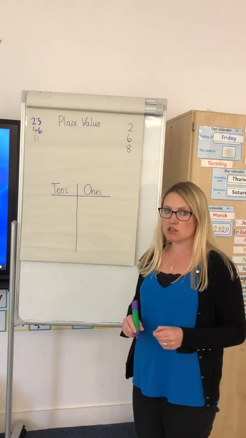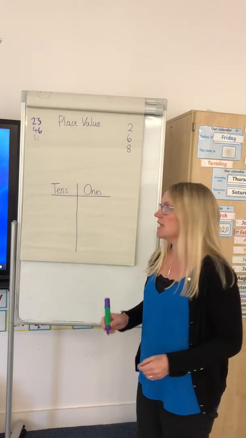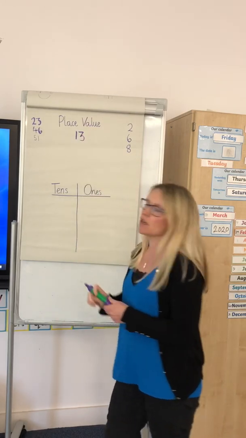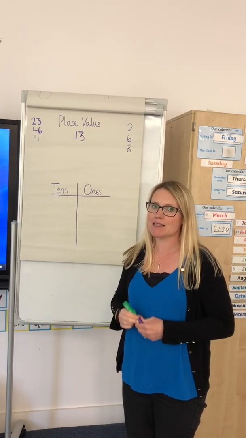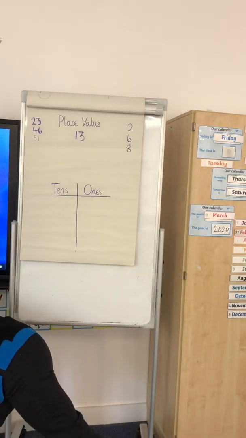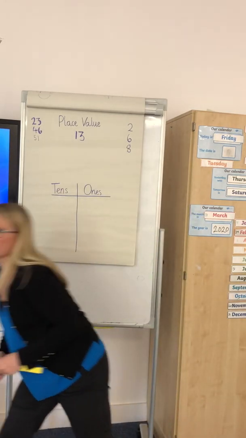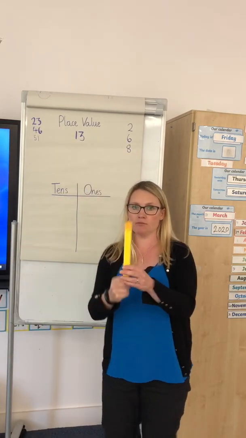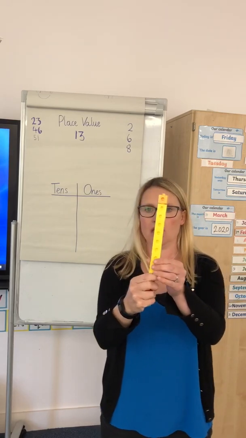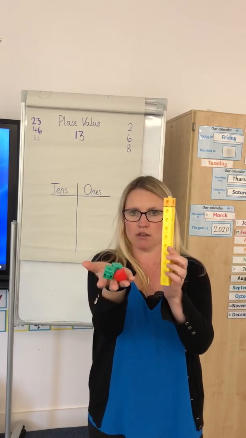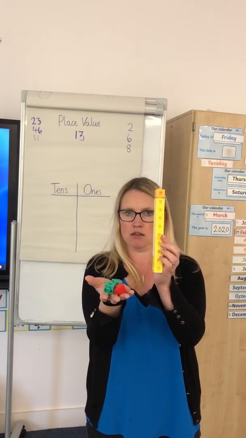So the first number we're going to look at is the number 13. I wonder if you can tell me how many tens 13 has. So, the number 13 has got 1 ten and 3 ones. 1, 2, 3. 10.